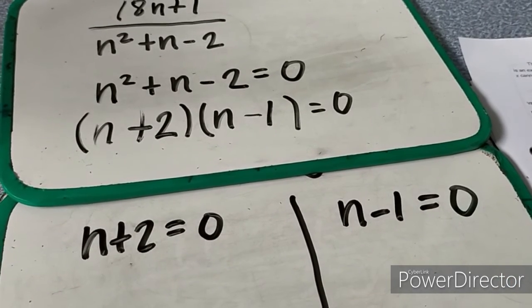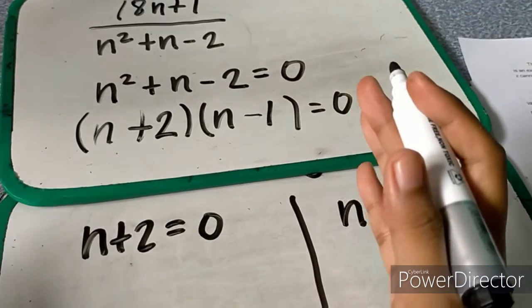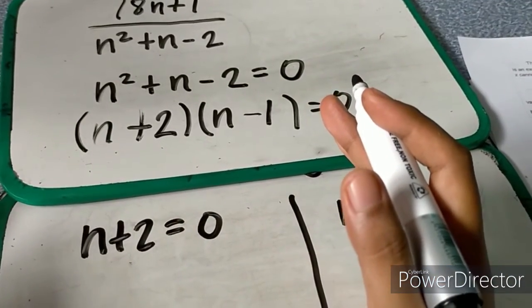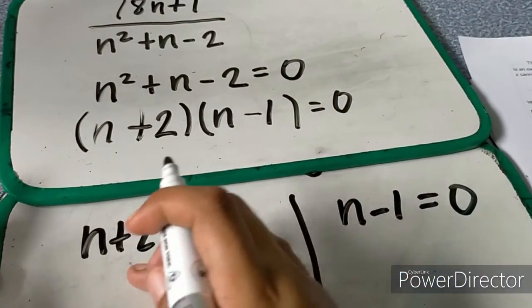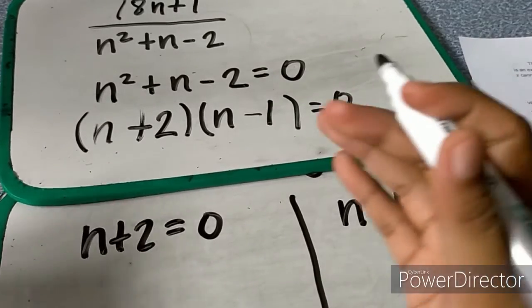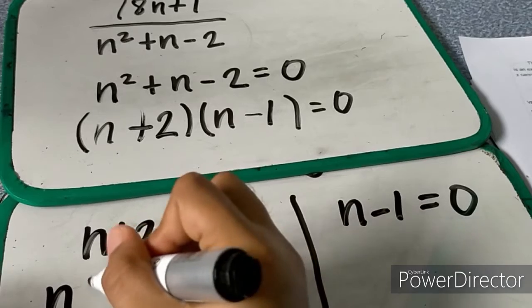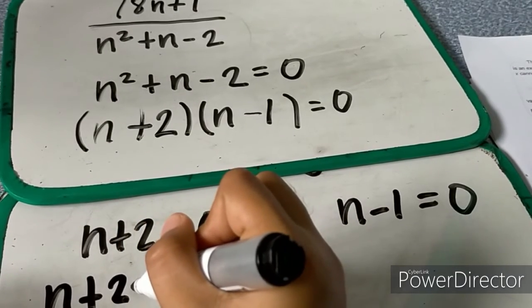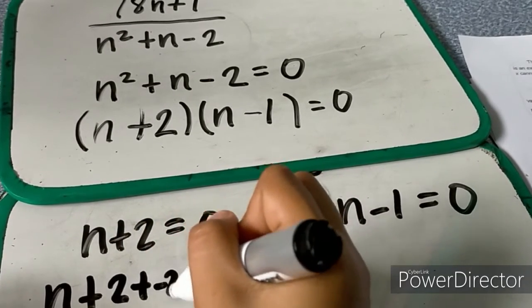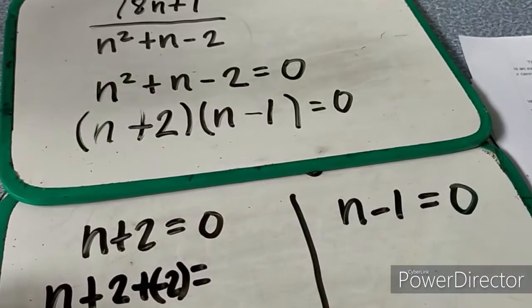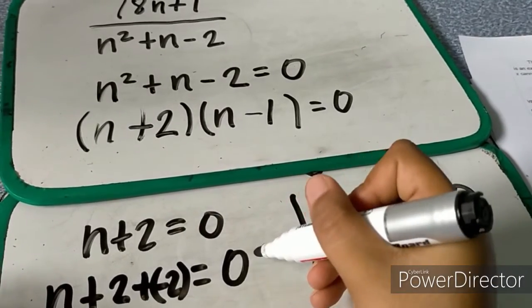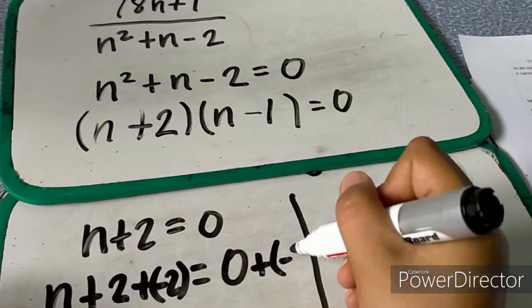Then, let's use the addition property of equality on the n plus 2 is equal to 0. Anong i-add natin sa positive 2 para siya ay ma-eliminate dito sa left side? Correct? It is negative 2. n plus 2 plus negative 2 equals to 0 plus negative 2.